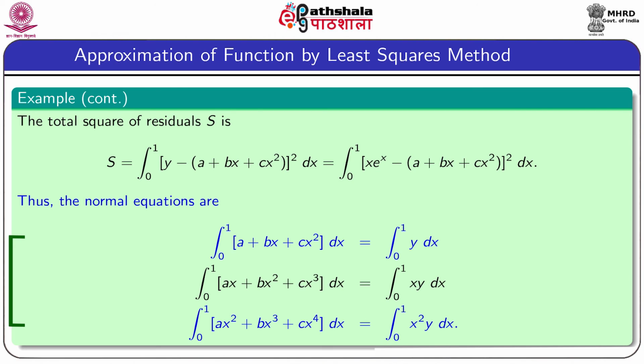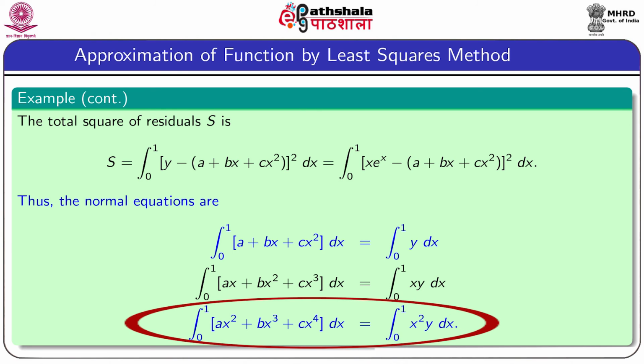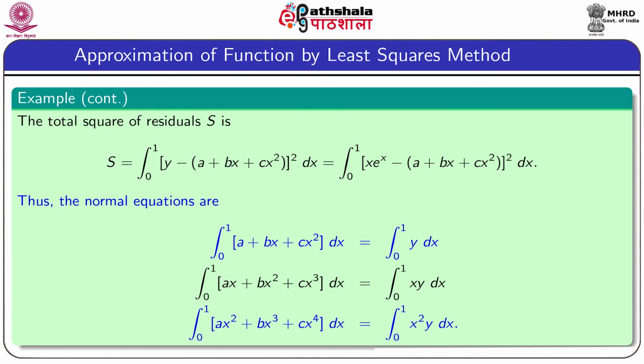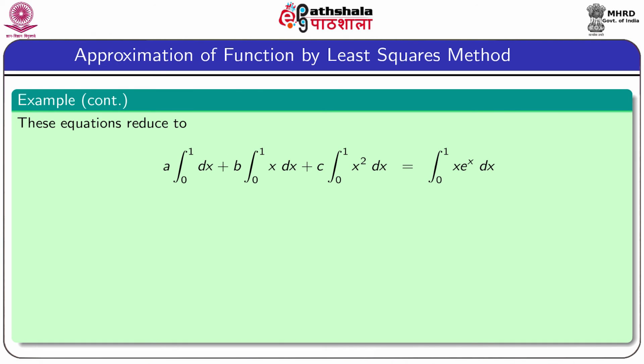Note that the second normal equation is obtained by multiplying the integrand by x, and the third normal equation is the integral from 0 to 1 of (ax² + bx³ + cx⁴) dx equals the integral from 0 to 1 of x² y dx. So, these are the three normal equations.